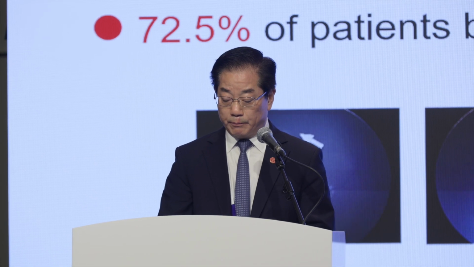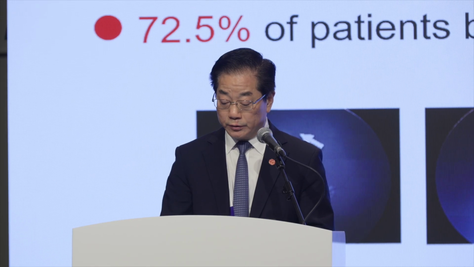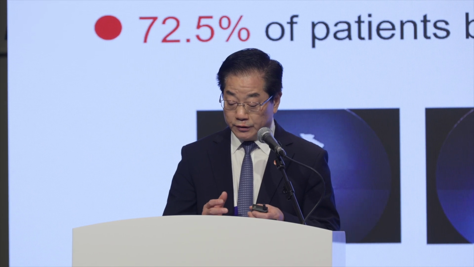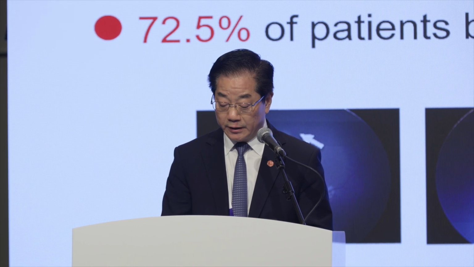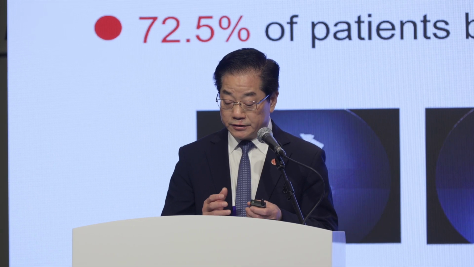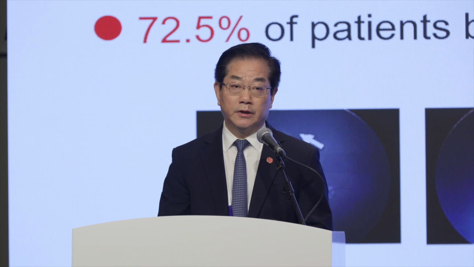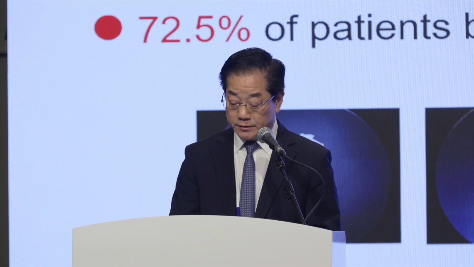The most common complaints were leukocoria and strabismus. About 6% were detected by screening in China. The majority of RB patients in China were at stage D and E, accounting for about 72% of the total.